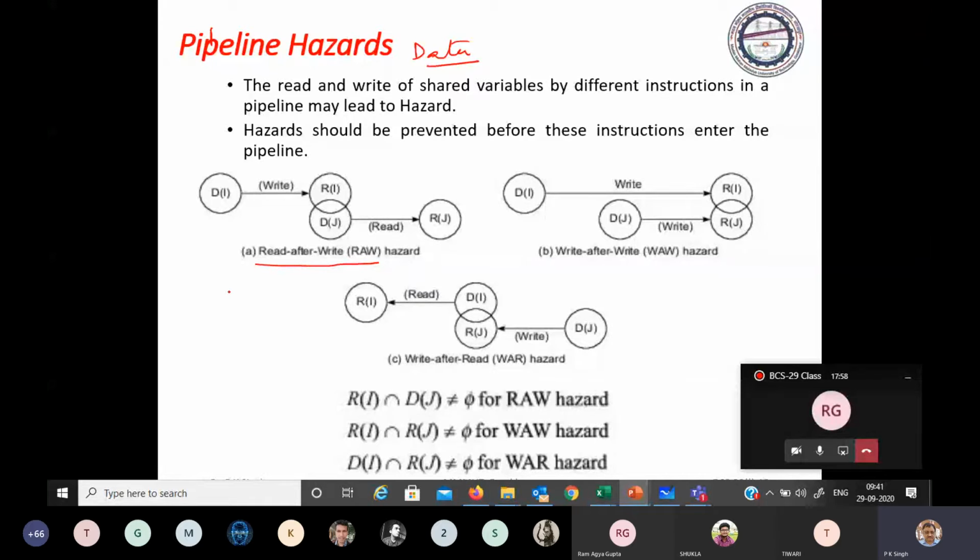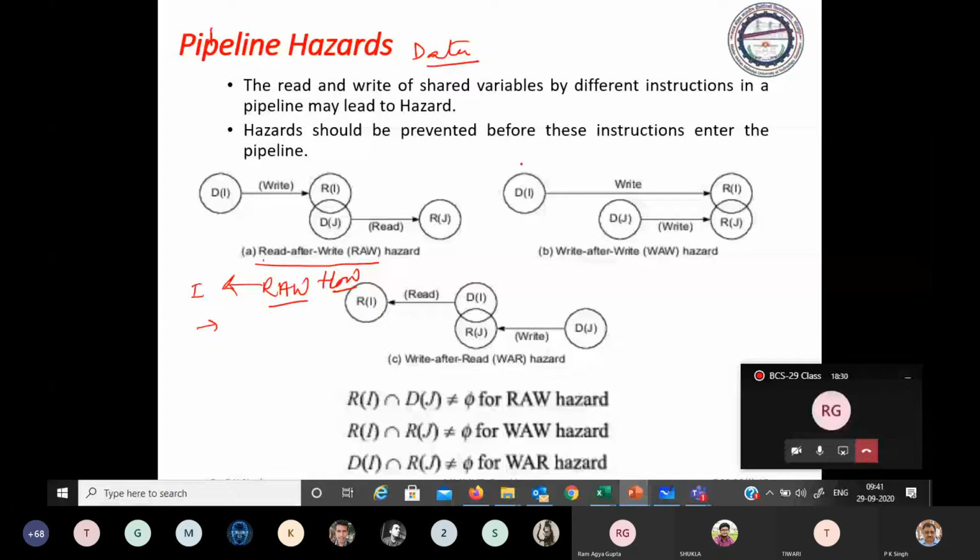Certain information is going to be written by an instruction, then another instruction needs that very written result. In that case, it is called a RAW hazard. Okay, it is the same as what we discussed as flow dependence.